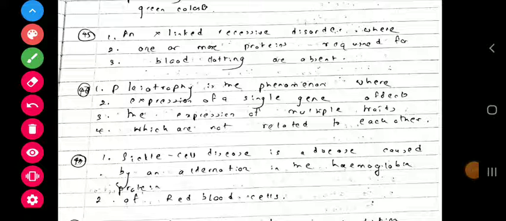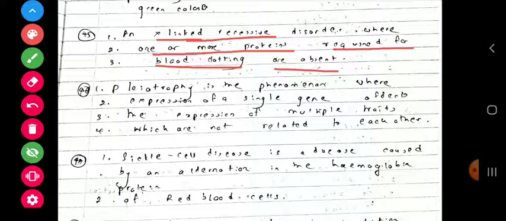Hemophilia is an X-linked recessive disorder where one or more proteins required for blood clotting are absent. Remember that first, and then remember that those proteins are absent maybe because the genes that make these proteins are not functioning, right?